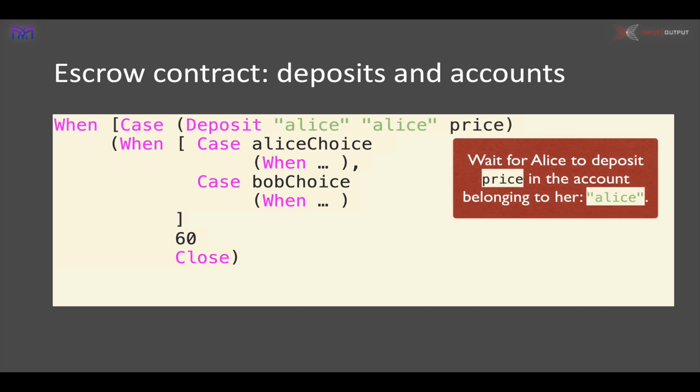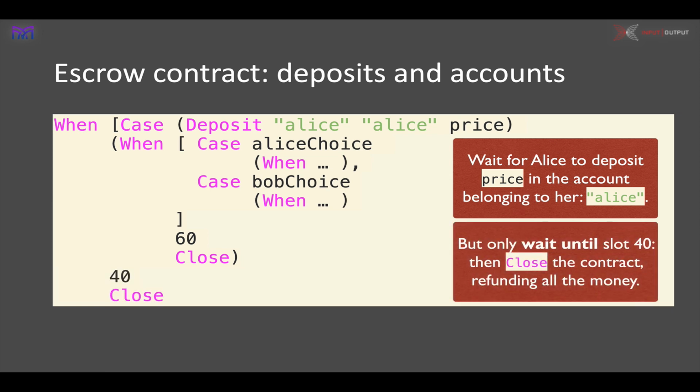We surround this inner part of the contract with a case that's waiting for Alice to deposit the price in her account. But again, we must wait only for a finite amount of time. So in this case, we wait until slot 40, and then we close the contract, again refunding all the money.